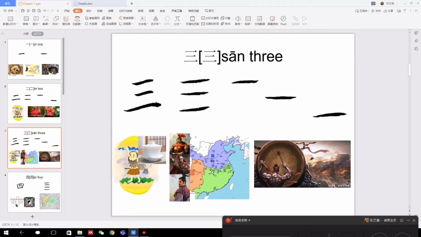He is the third generation monarch of this local power. The first generation is his father, and then his father passed to his elder brother, but his elder brother passed away very young, and the power passed to him. And this is the Three Kingdoms time.